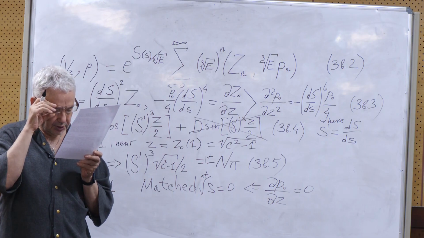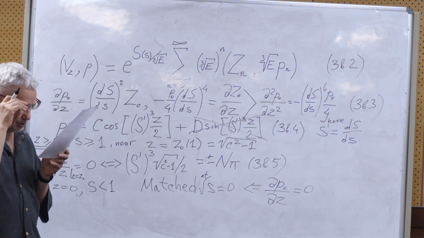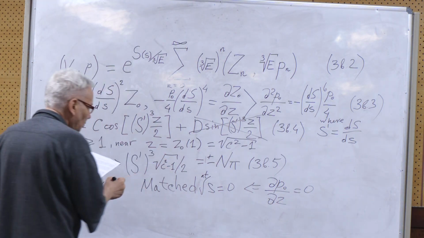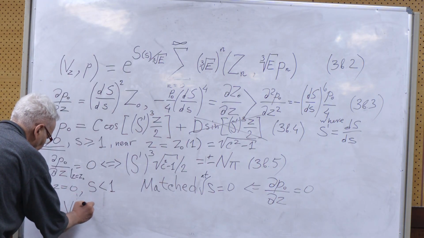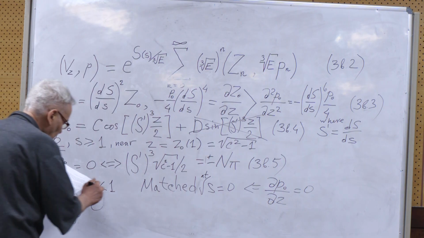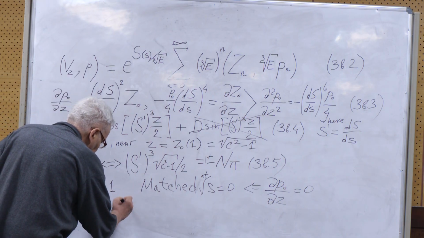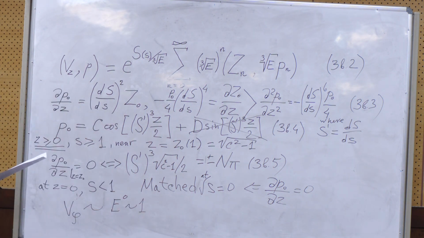Since the main purpose of the outer shear layer is to smooth out differential rotation, when in the third equation v phi is of order E to the 0, or of order 1, in this case reverse flow can also be realized in the same layer.